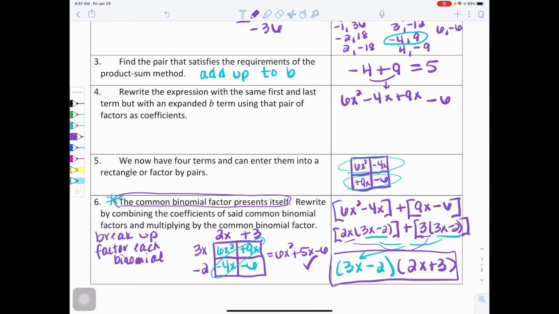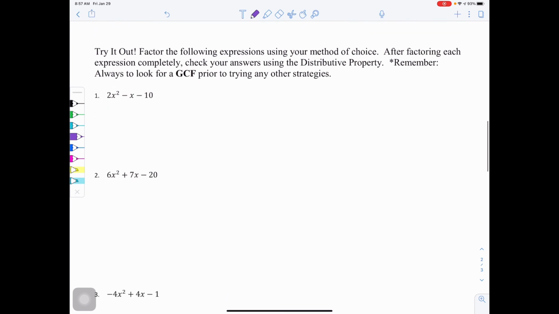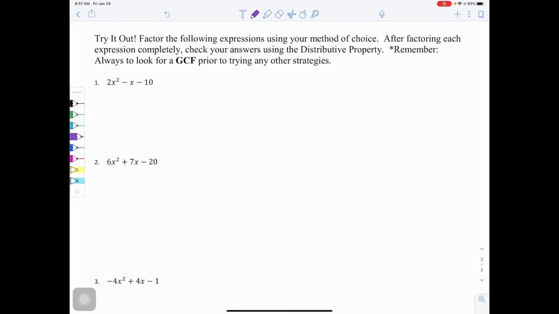At this time, if your teacher has provided you with a practice activity, you are done with this video and you can go do your separate practice. If you are asked to do the practice and try it out in your notes, at this time you would pause the video and try the try it out problems where it says factor the following expressions using your method of choice.